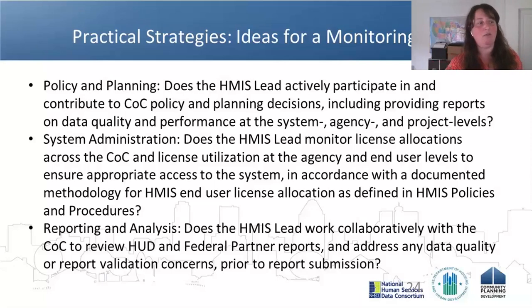But what could a performance-based question be? Well, how much is paid? How is that fee structured? Does the HMIS lead do some sort of value assessment? Is there some sort of regular conversation with the vendor about comparative costs in other parts of the world?